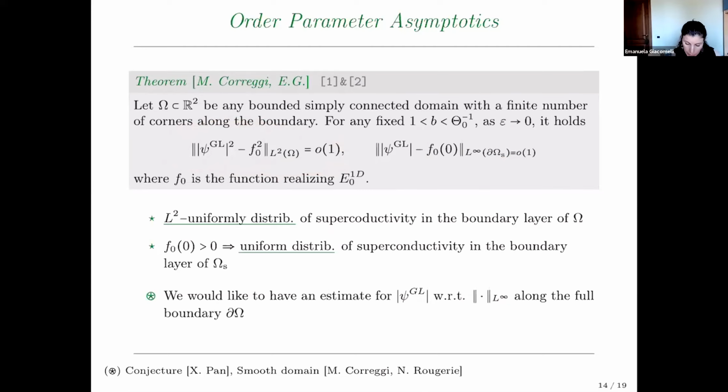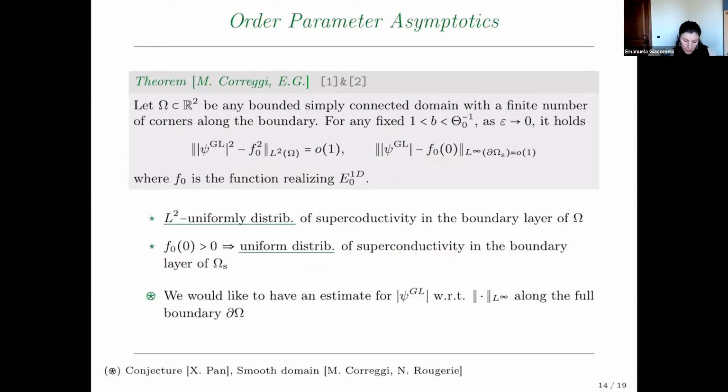This means that you should be able to say that this quantity here is strictly positive close to the boundary, because the quantity appearing here is strictly positive. So as soon as you have an estimate like that, you can say that this modulus is strictly positive at the boundary, and then you have uniform distribution of superconductivity.